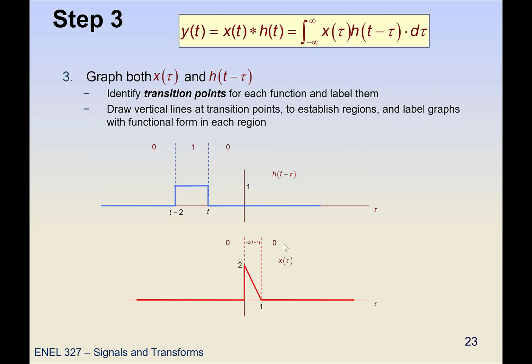Remember that h, the blue line, is going to be shifting forward, shifting to the right as we increase t. And so these lines will all of a sudden cross over each other, and that indicates that we're going to have a different case to deal with.